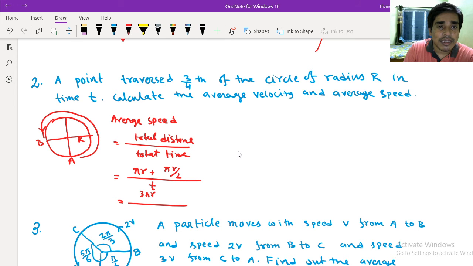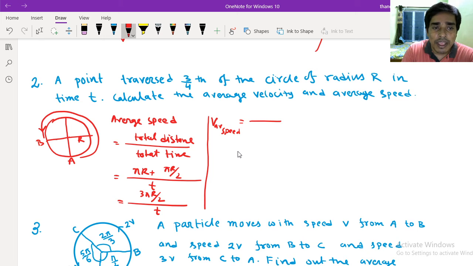So 3 pi r by 2 divided by t is the average speed.